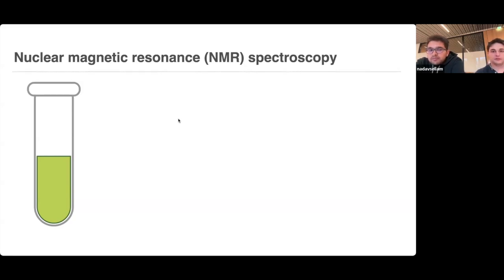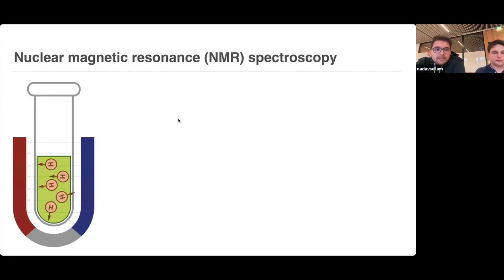So each nucleus can be thought of as a little magnet whose magnetic field is influenced by the local magnetic environment. When these nuclei are placed in a strong magnetic field, the nuclei either align with or against the magnetic field.